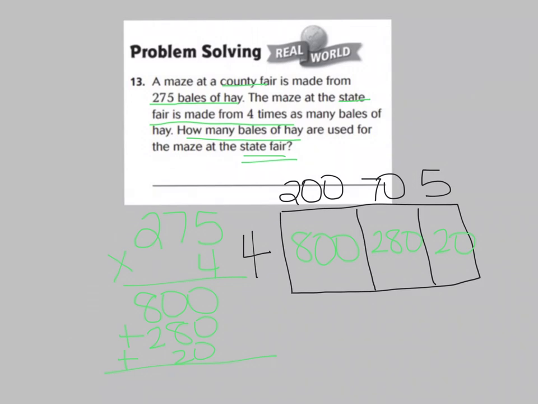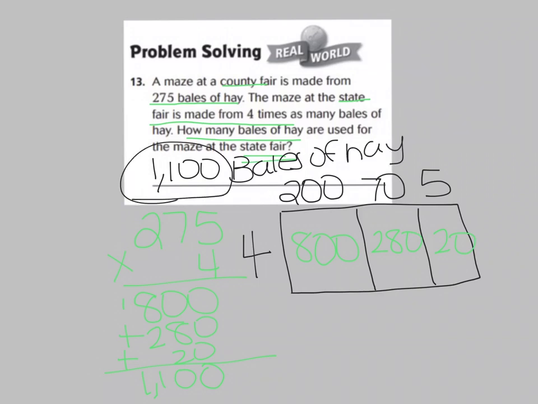And when I add those all together, I get 1,100. So in order to answer the question, how many bales of hay are used for the maze at the state fair, we can say 1,100 bales of hay. And 1,100 is my final answer.